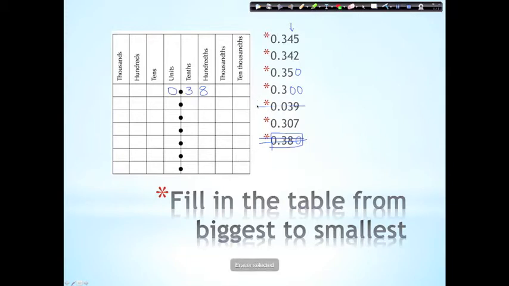We're going to go to the next biggest. So it was 0.3, and then we're still looking at my hundredths column. The next biggest is the 5, so 0.35. So I can put that into my table, 0.35.